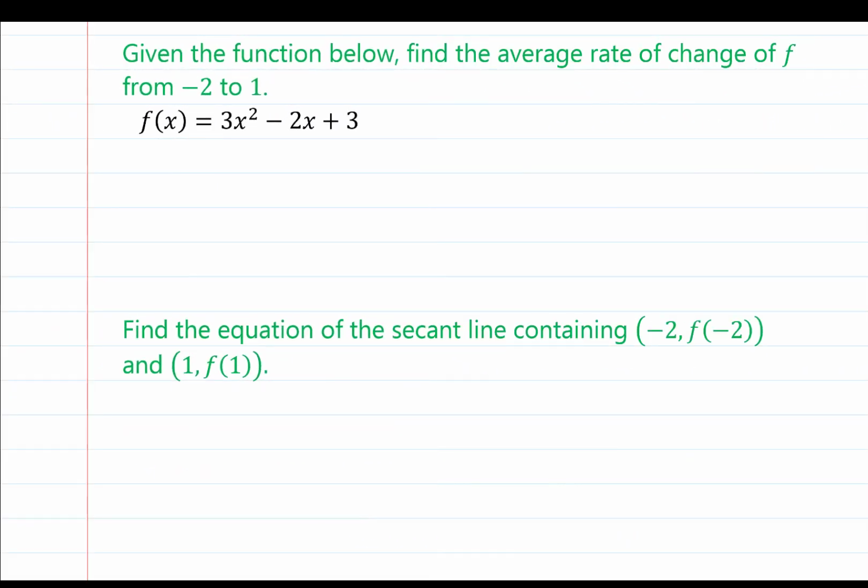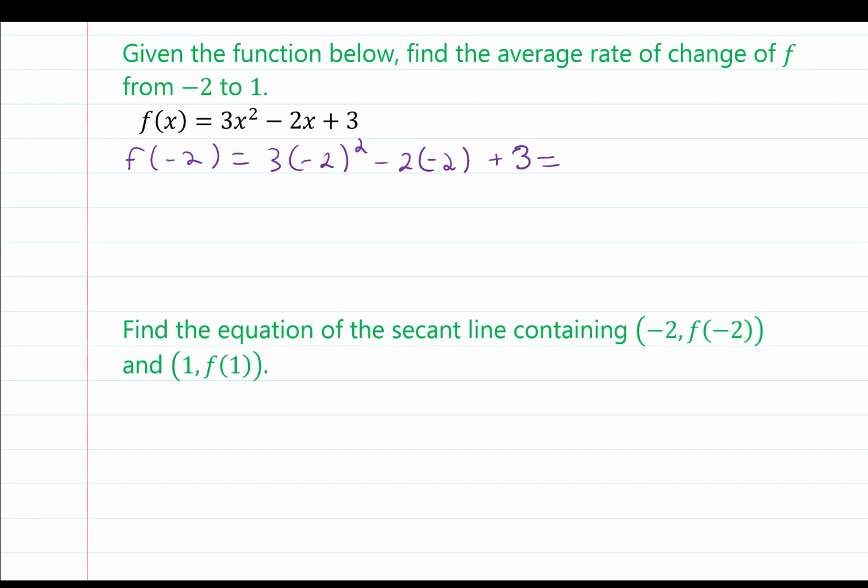Now let's look at an example. Given the function below, find the average rate of change of the function f from -2 to +1. And let's identify what we are given. We are given x coordinates of -2 and +1. So what we need to find is f of -2, which is going to be equal to 3 times -2 quantity squared, minus 2 times -2 plus 3.